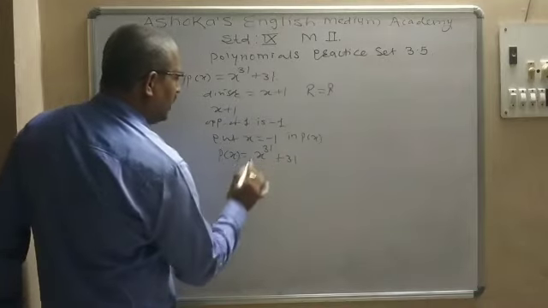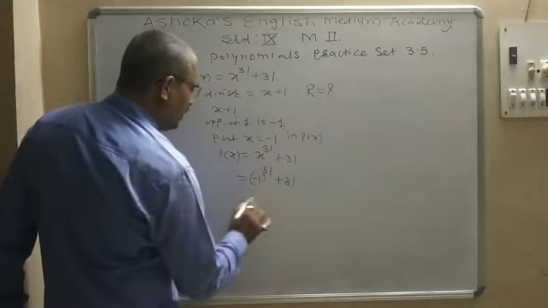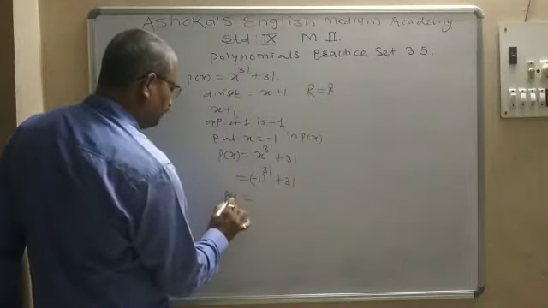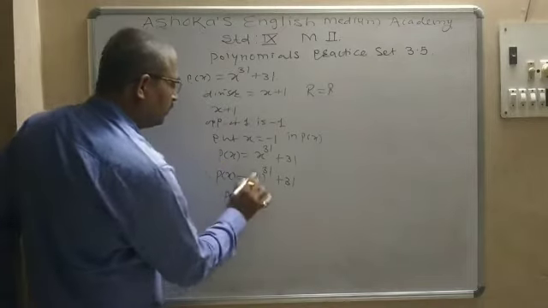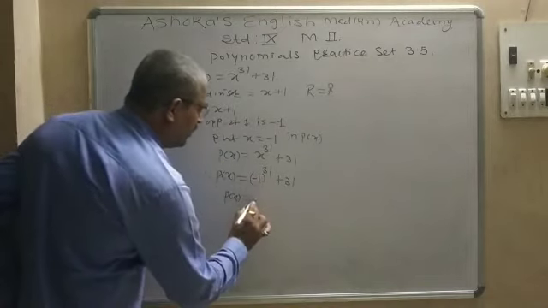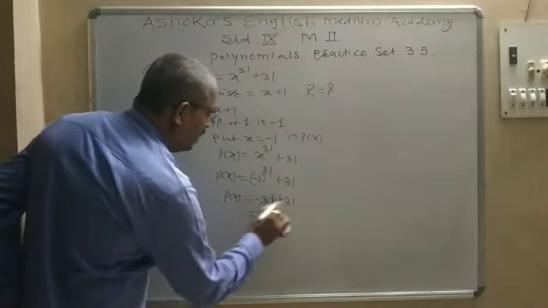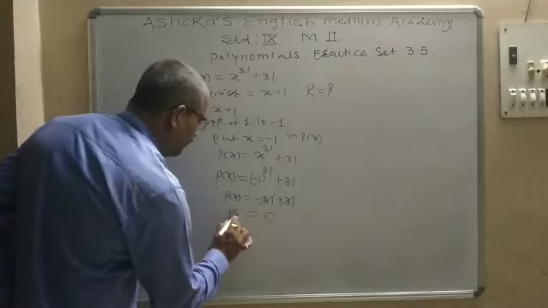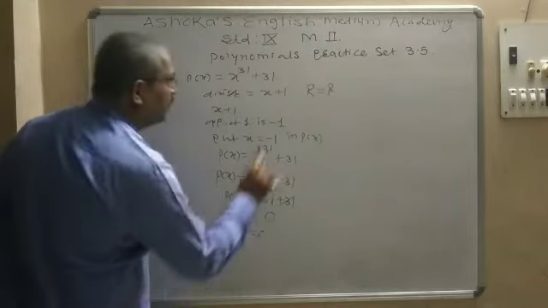Then x is minus 1, so minus 1 raised to 31 plus 31. Minus 1 raised to 31 means minus 1, plus 31... negative and positive cancelled. p(x) is equal to 0. Remainder is equal to 0.